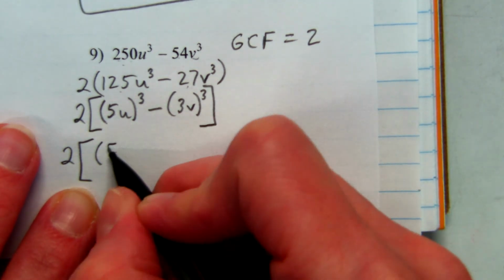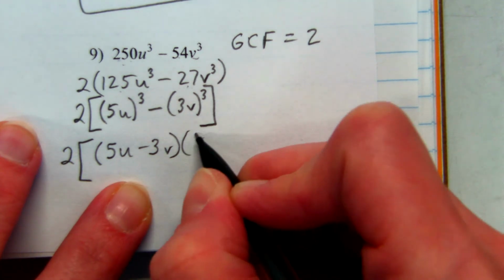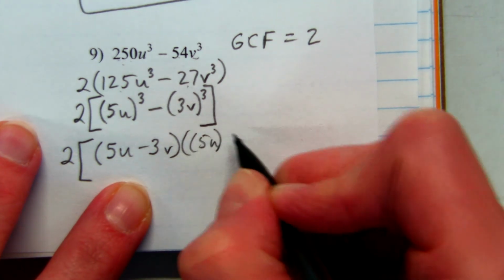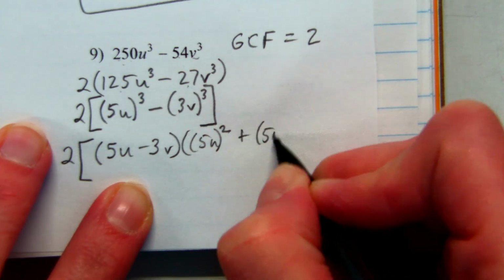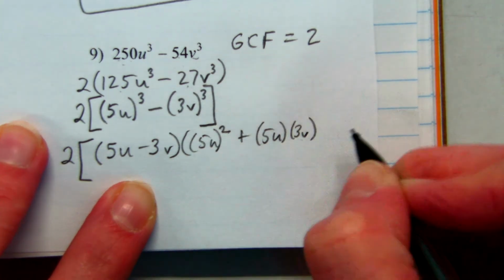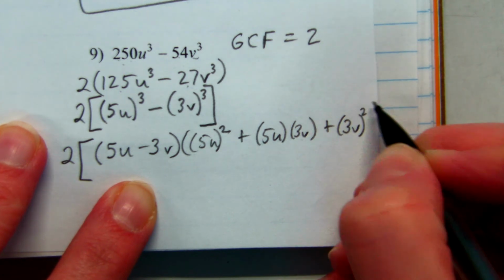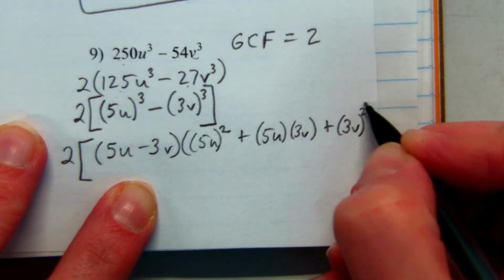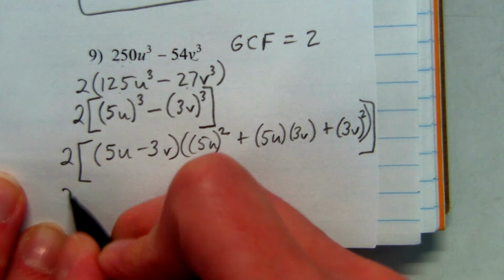All right, so in the first set of parentheses, you just have 5u minus 3v. Then I would have 5u squared plus 5u times 3v plus 3v squared. And we'll have to go back through all of that, and that's all inside the parentheses, inside the bracket.